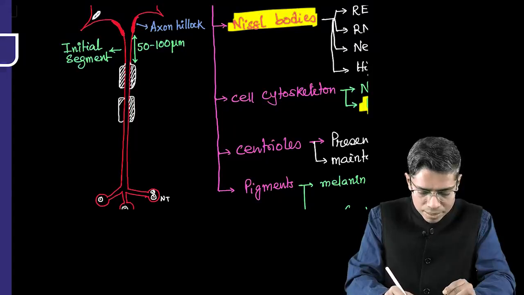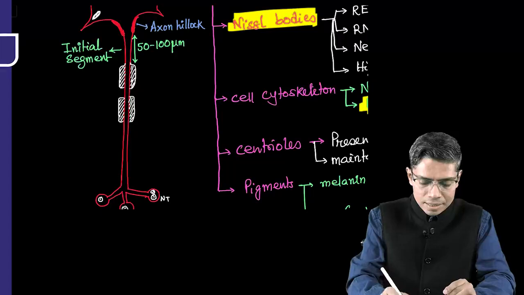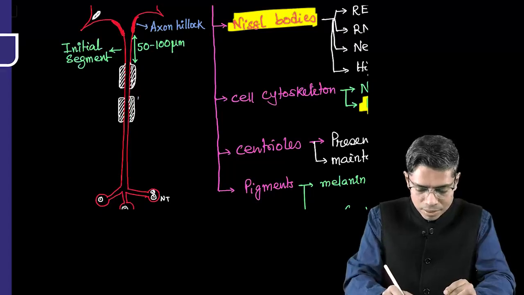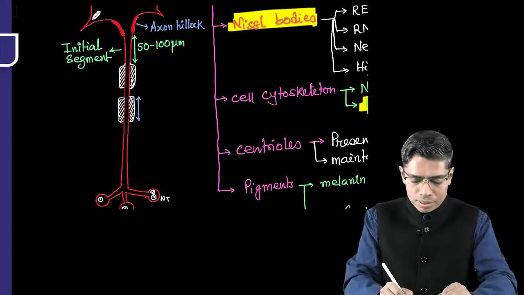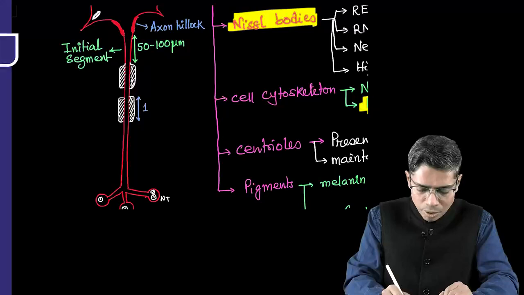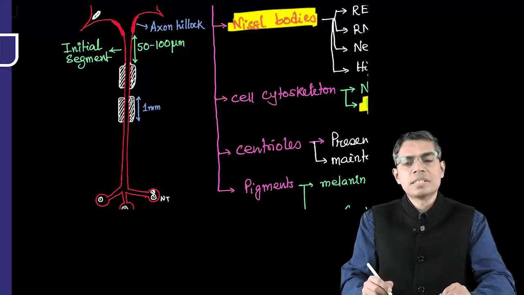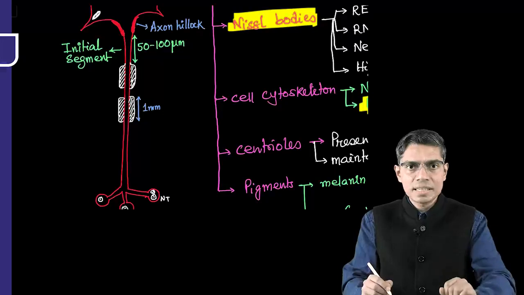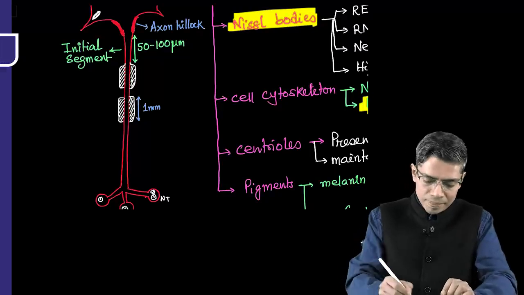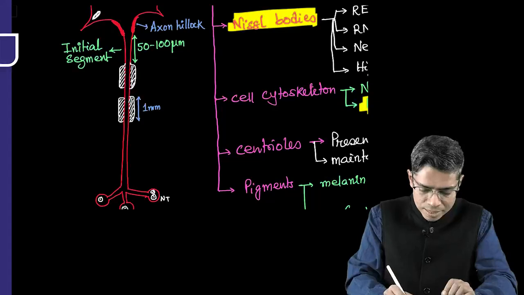What is the length of a myelin sheath? You remember that in a long neuron, the myelin sheath can be up to 1 millimeter in length. A single myelin sheath can be 1 millimeter in length. And we also know that the region in between two myelin sheaths is very popular for MCQ.